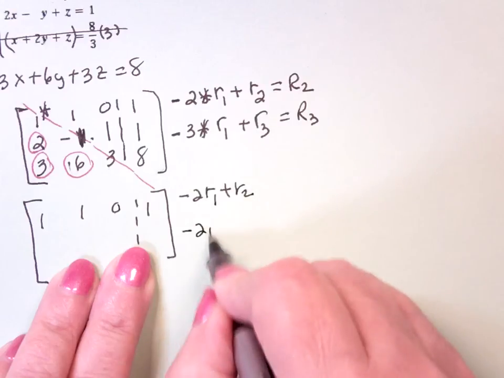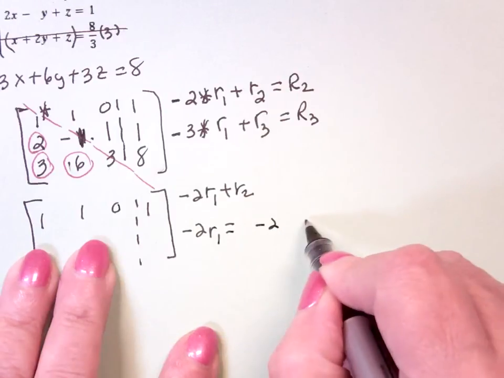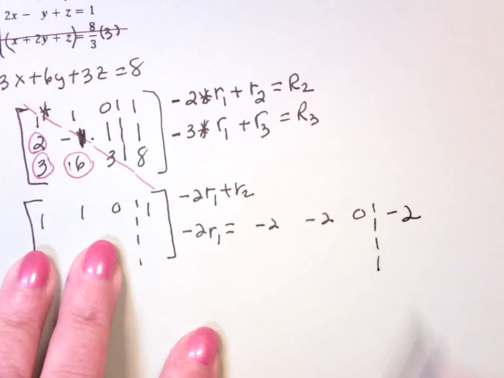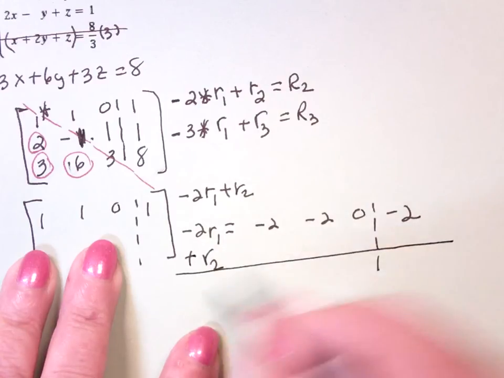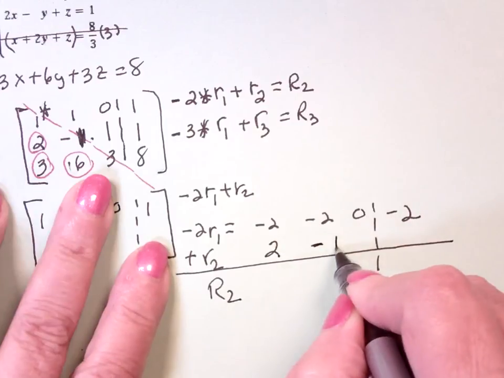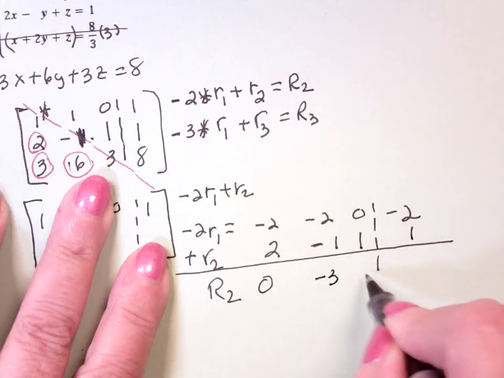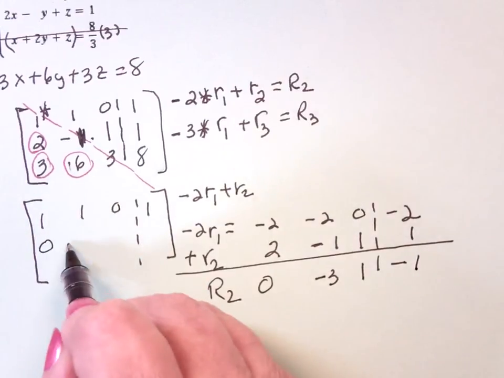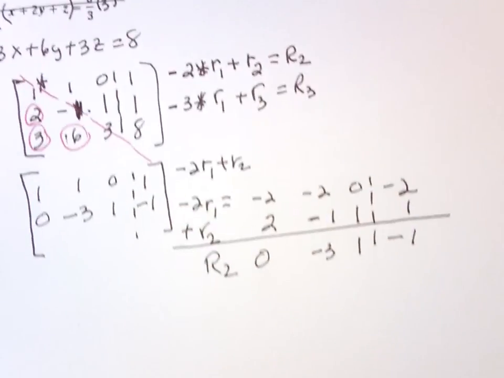So negative 2 times row 1 is going to be negative 2, 0, negative 2. Add it to row 2. That's going to give me a new row 2. So row 2 is 2, negative 1, 1, 1, and the new row 2 is 0, negative 3, 1, negative 1.